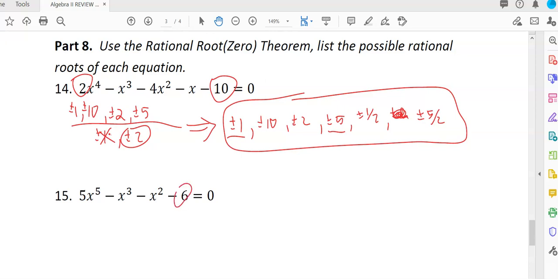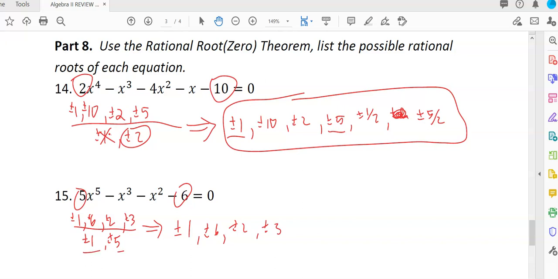Same thing here, factors of 6 on top, so 1 and 6, 2 and 3. Again, all of these are plus or minus. Factors of the first term in the denominator, so 1 and 5, or plus or minus. Okay, so all the ones over 1 first, so plus or minus 1, plus or minus 6, plus or minus 2, plus or minus 3.